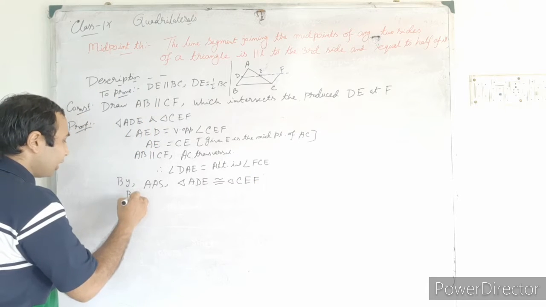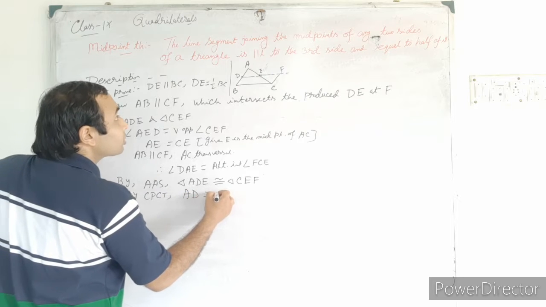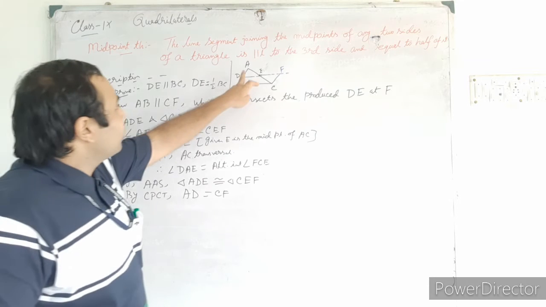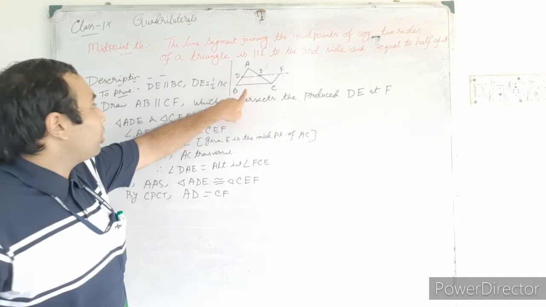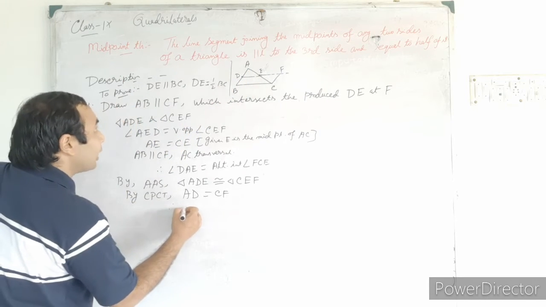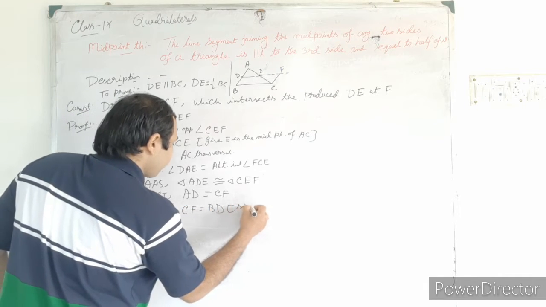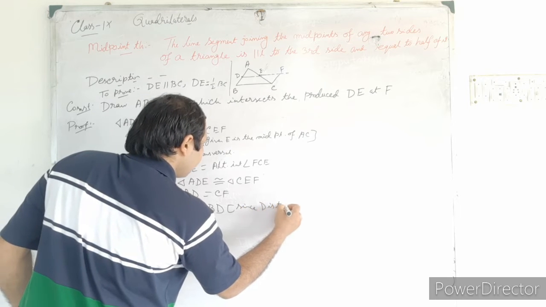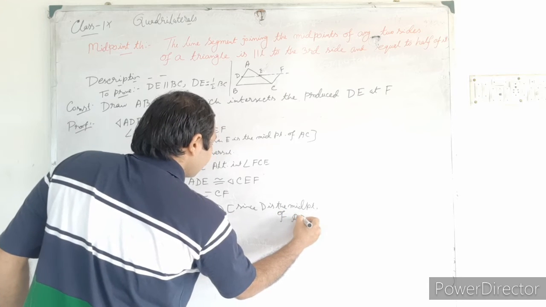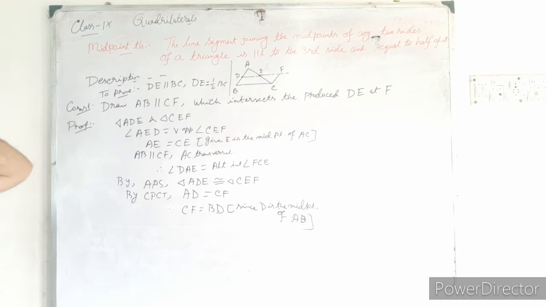Then by CPCT, AD is equal to CF. Now AD is equal to BD also, because D is the midpoint of AB, it is given. So from here we can conclude that CF is equal to BD.